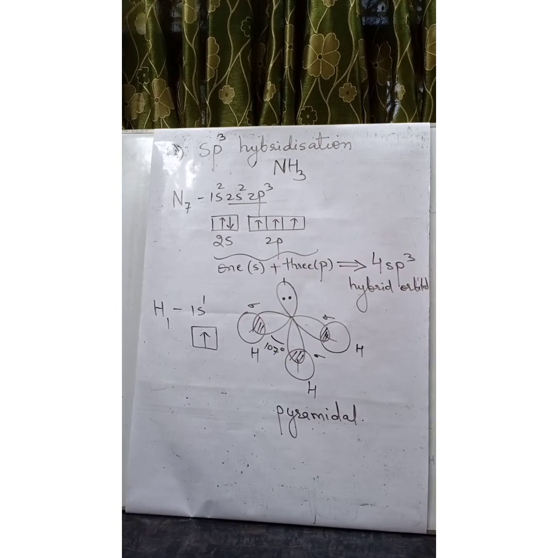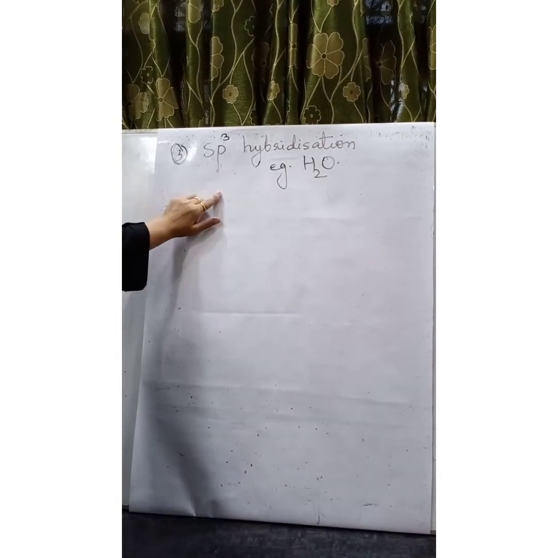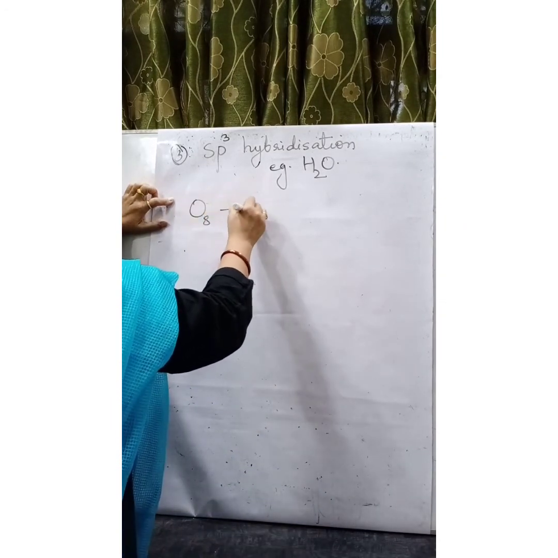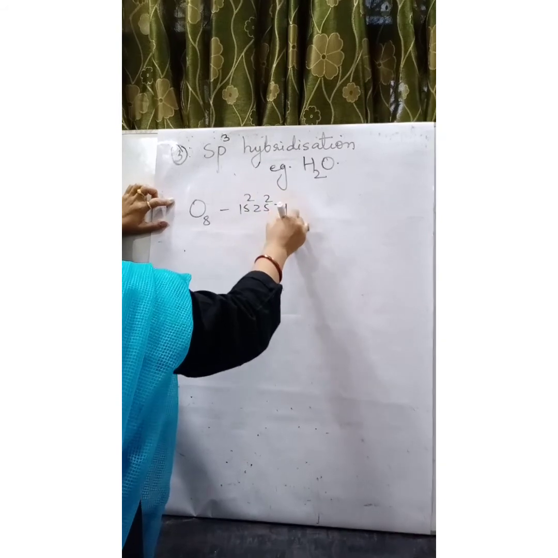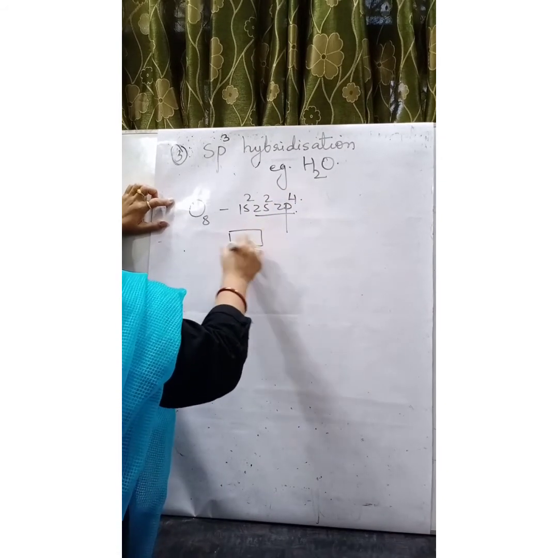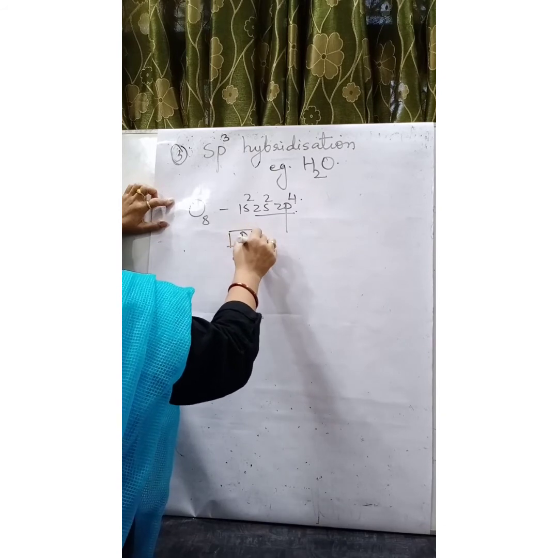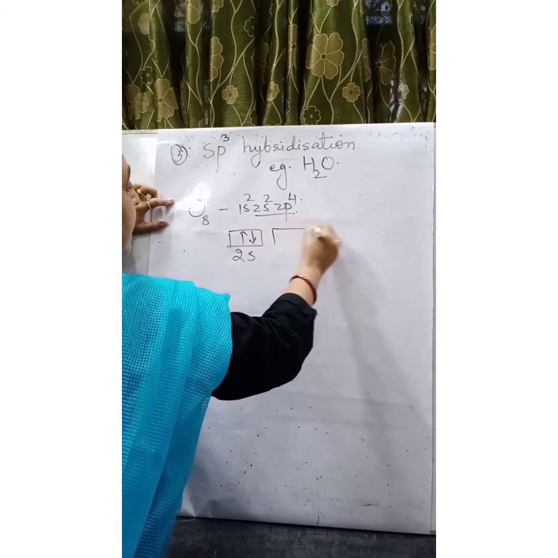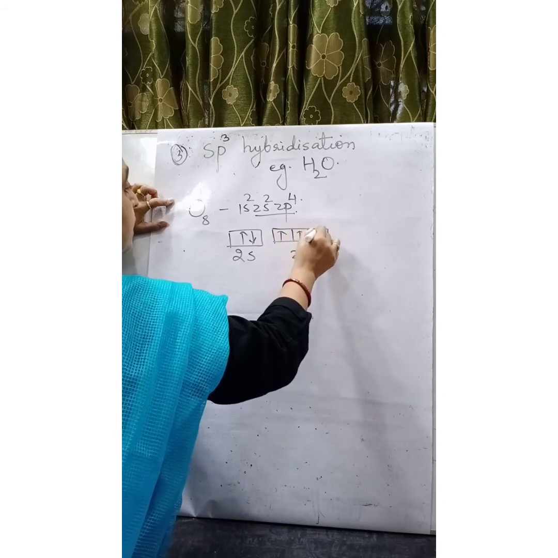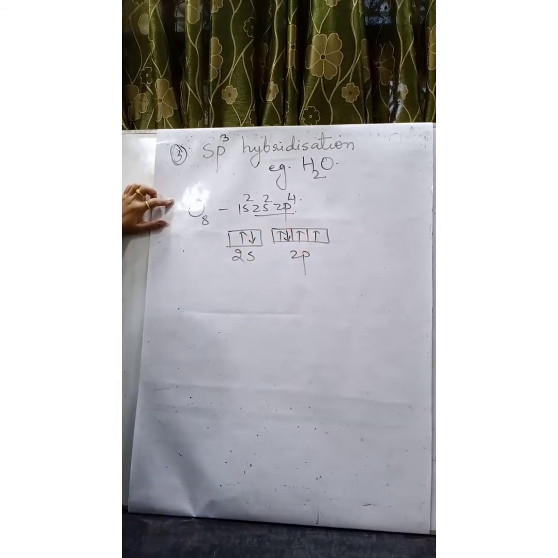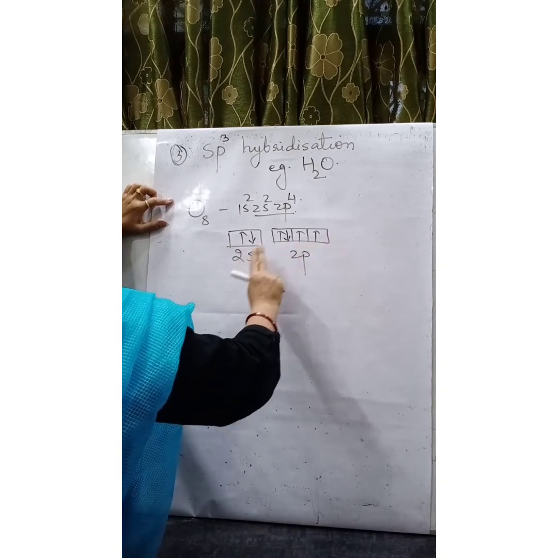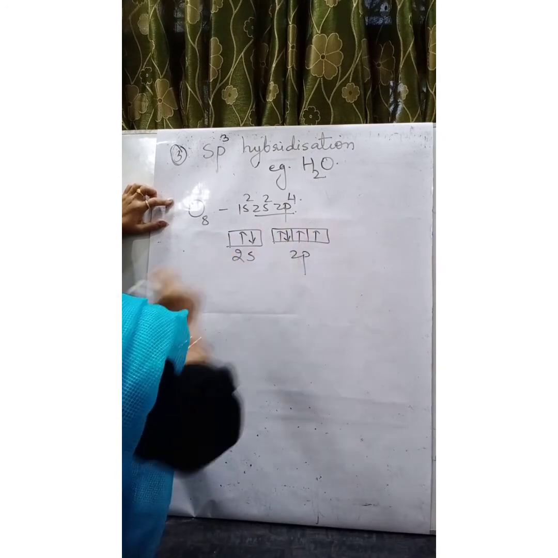example, the water molecule. Oxygen is 1s2, 2s2, 2p4. This is the valence shell. 2s has 2 electrons and 2p has 1, 2, 3 and 4 electrons. Now here there is no vacant space for the electrons to get excited.